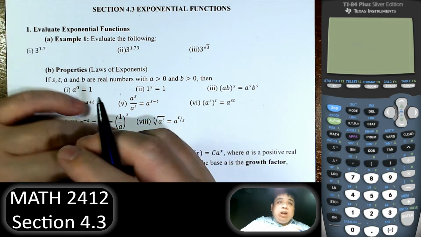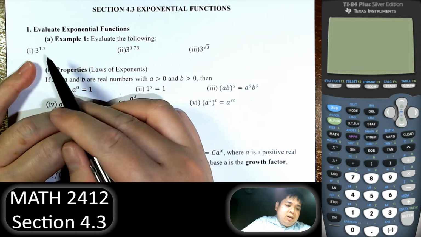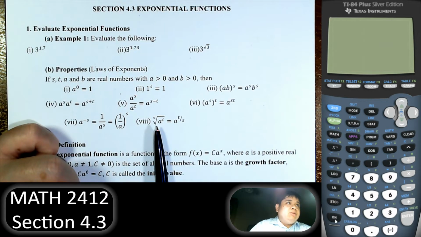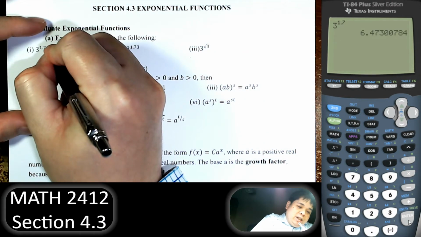First, evaluate exponential function. So let's just evaluate 3 to the 1.7. Let's do this and I'll get to the point later. So that is about 6.473.